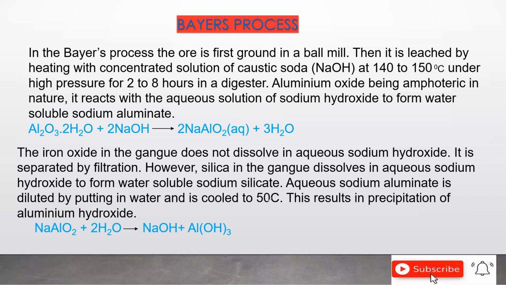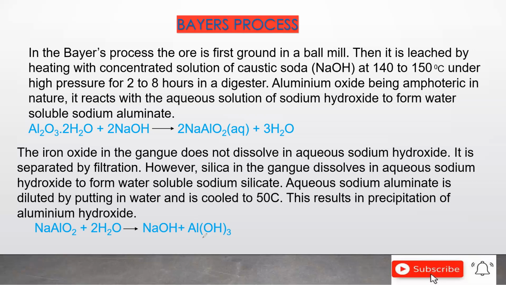We will get a precipitate of aluminium hydroxide. Aluminium hydroxide formula is Al(OH)3. So sodium aluminate plus water, we will get aluminium hydroxide plus sodium hydroxide.